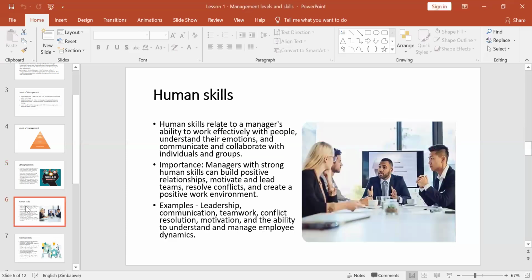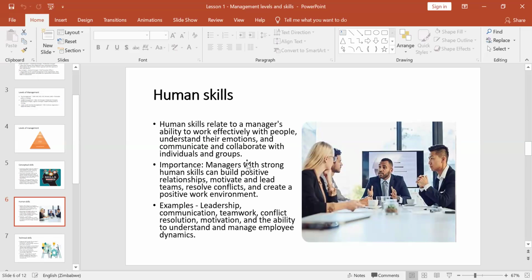Then the other type of skills that managers need are the human skills. So the human skills relate to how we interact among ourselves. These are the skills that you have in terms of human skills. So your ability to have empathy, your ability to understand other people, your ability to communicate is what makes up your human skills.